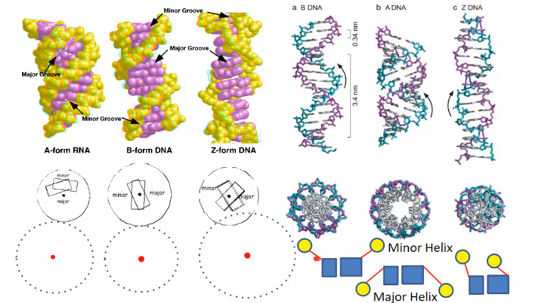Rather, the N-glycosidic bond will form this type of angle. If you take this as a 360-degree circle, this part will be the minor groove. One face will be the minor groove, and the other face of this DNA molecule, when you straighten it, will be the major groove.